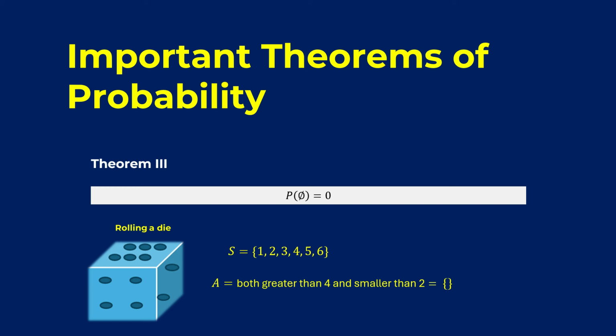From axiom 2, we know that the probability of the sample space is equal to 1. We can also see that the difference operator on S and A returns the sample space S, as A has no elements in it. Then using theorem 1, we can show that the probability of A is equal to 0.